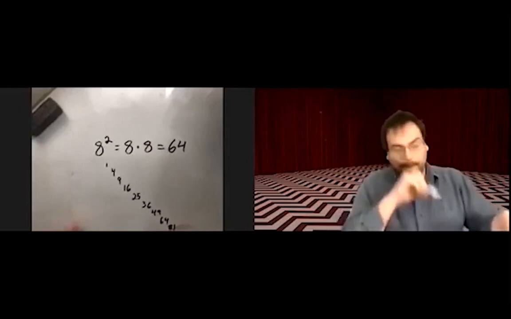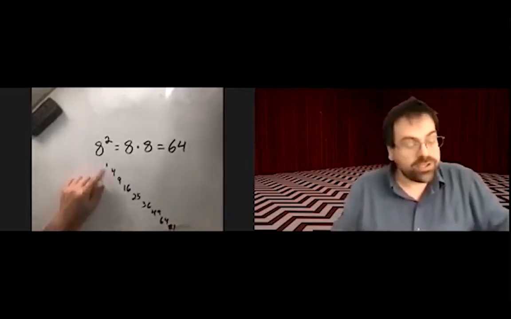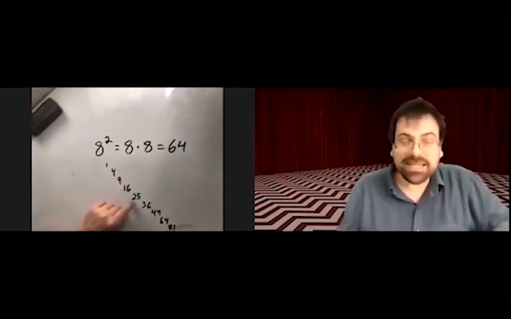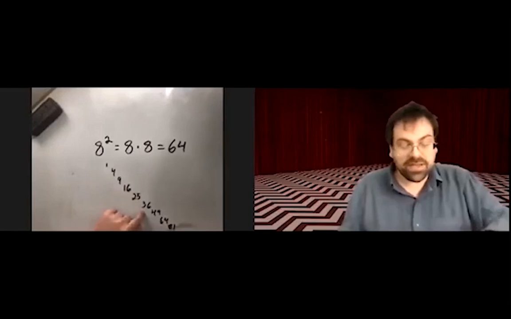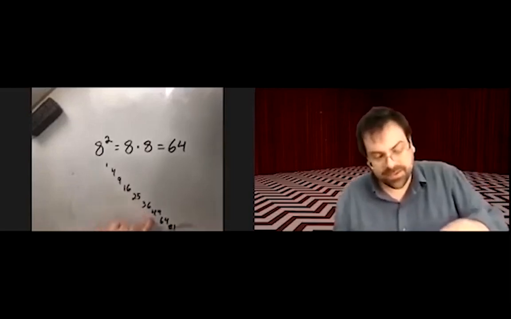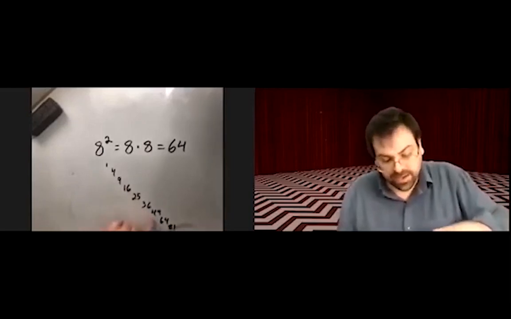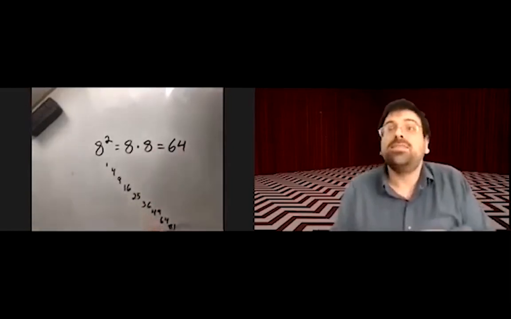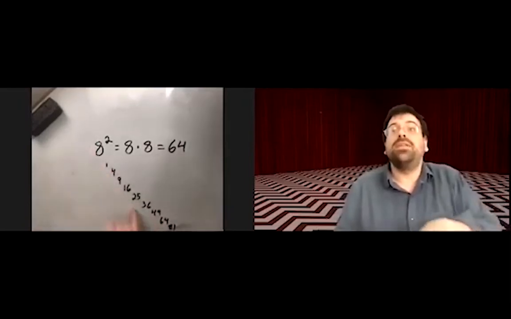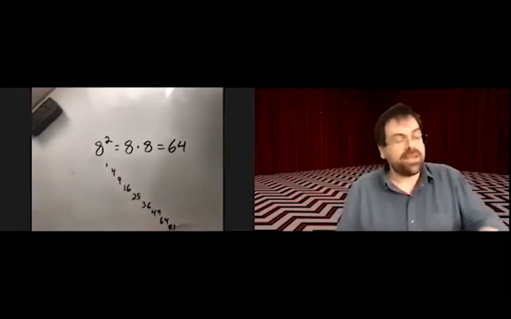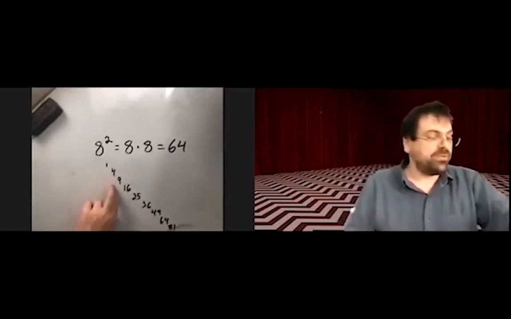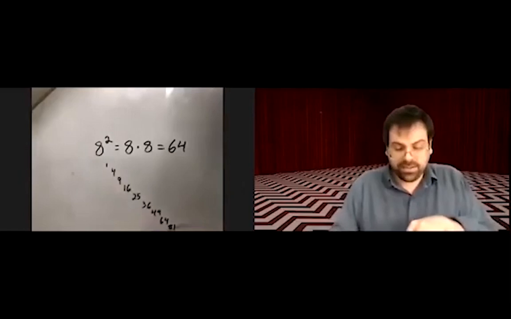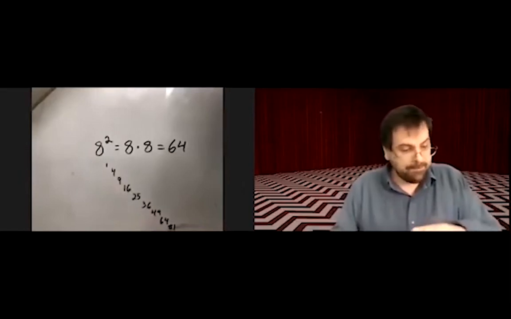Just barely ran out of room. 1 squared is 1, 2 squared is 4, 3 squared is 9, 4 squared is 16, 5 squared is 25, 6 squared is 36, 7 squared is 49, 8 squared is 64, and 9 squared is 81. Write down the diagonal. Because it's 1 times 1, 2 times 2, 3 times 3, and so on, all the way to 81, which is 9 times 9.